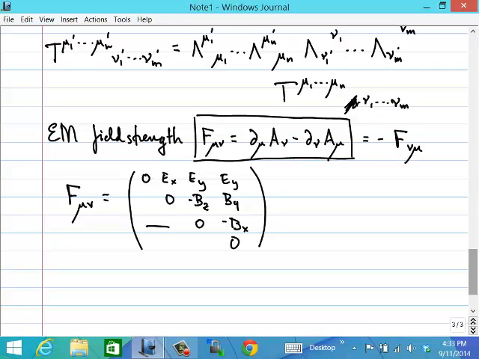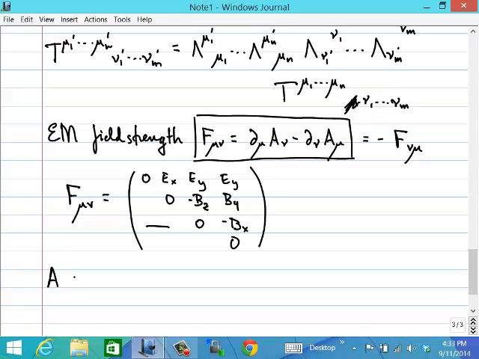And the basic idea of tensors is that because the laws of physics should be independent of coordinate system, the laws of physics must take the form of tensor equations.